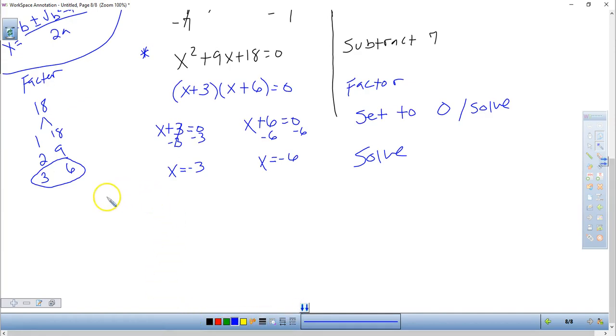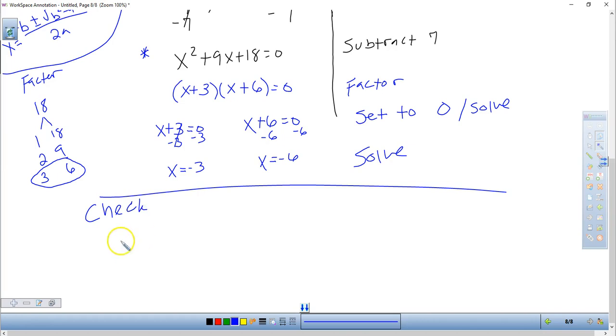Well, here's the check. So I'm going to take and plug negative 3 over here. So I've got the square root of negative 3 plus 7 minus 5 has to equal negative 3.